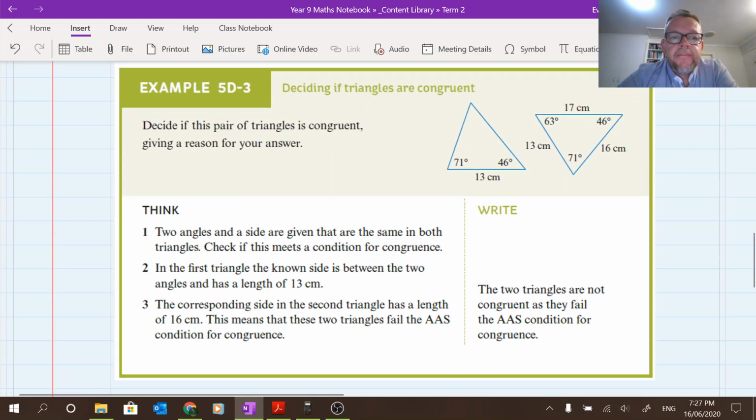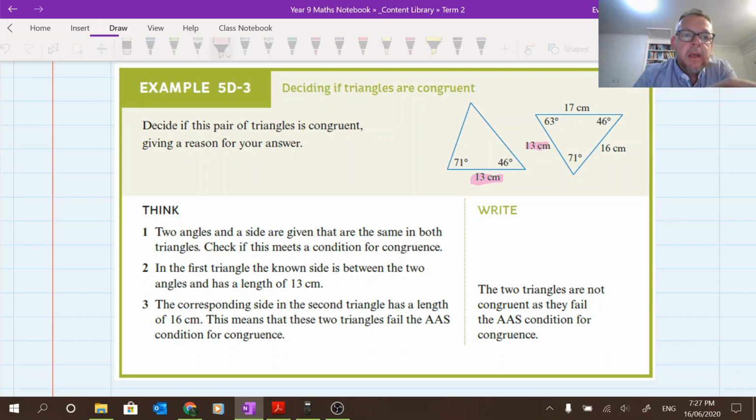Let's have a look at this one. Now we need to decide if this pair of triangles is congruent, giving a reason for our answer. Now on the triangle on the left hand side, I can see 1 length and 2 angles. So it's going to have to be angle, side, angle, if anything. So let's have a look at the 13. Is there a side that matches to the 13?